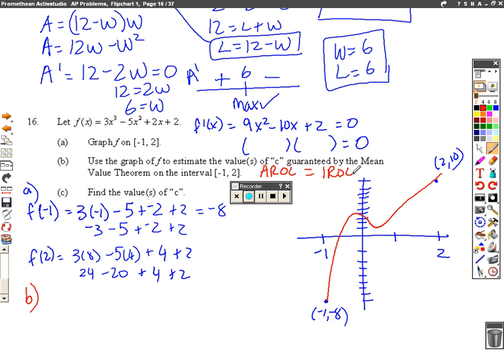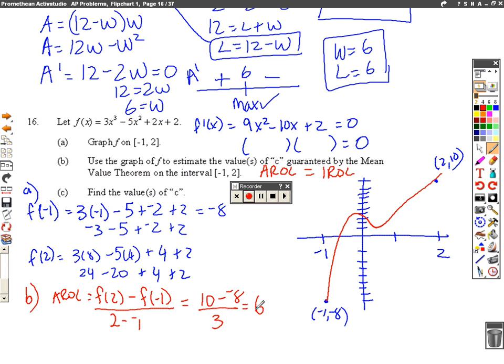So the average rate of change would be f of 2 minus f of -1 over 2 minus -1, which in our case, f of 2 we just found out is 10, minus f of -1 is -8, over 2 minus -1, which becomes 2 plus 1, or 3. This becomes 18 over 3, which is 6.